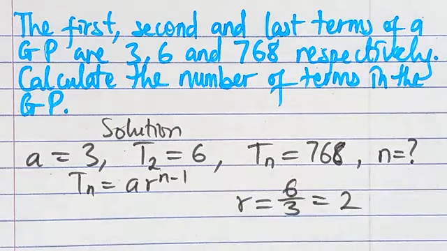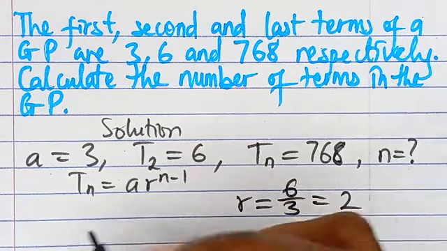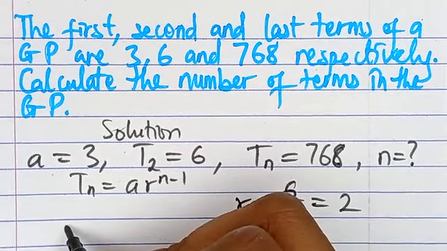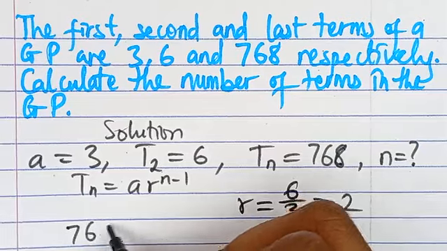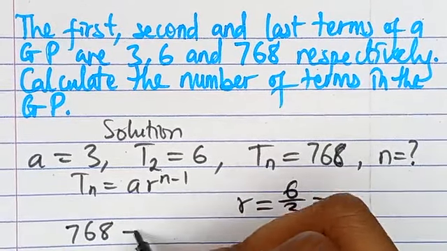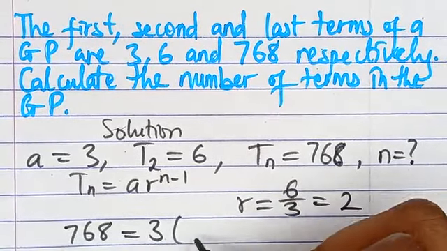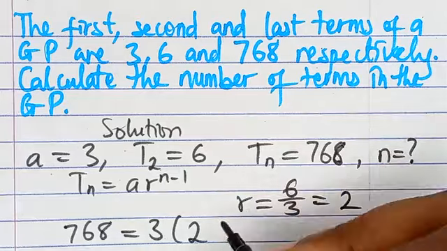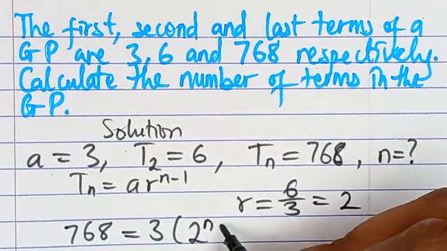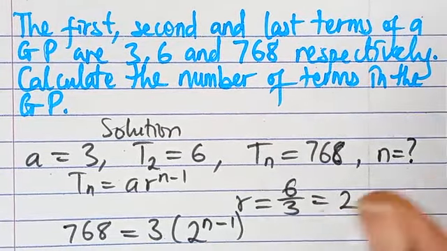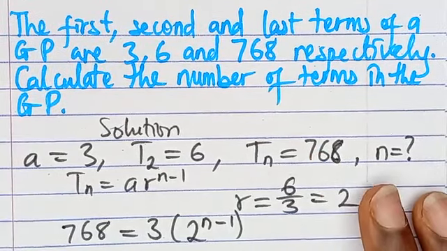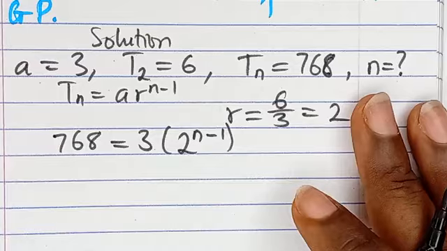Now let's substitute into this equation. We have that the nth term, 768, is equal to the first term, which is 3, into the common ratio, which is 2, raised to n minus 1, and we don't know the number of terms, so it keeps on being this. Okay, so we progress from here.